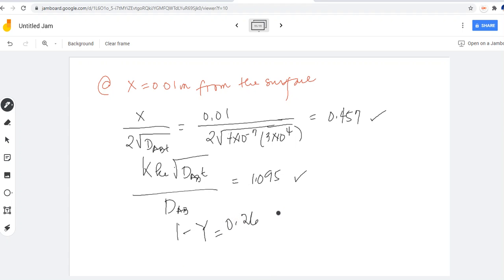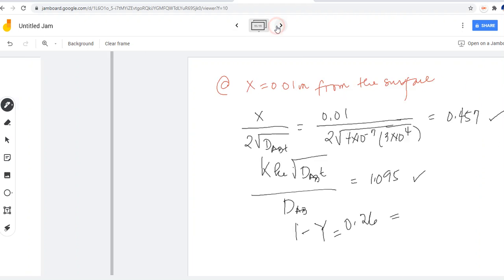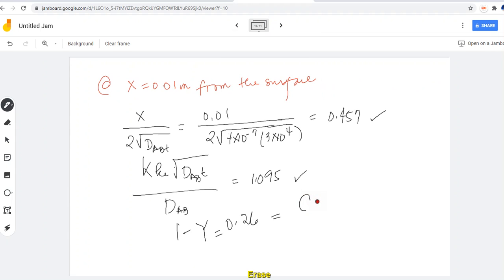0.26. And this will again be equated to the same formula as in the first scenario. So you will have C minus C sub O over C sub 1 minus C sub O, over capital K. And your C is still unknown. Your C sub O is not 0.10 but rather 0.01.